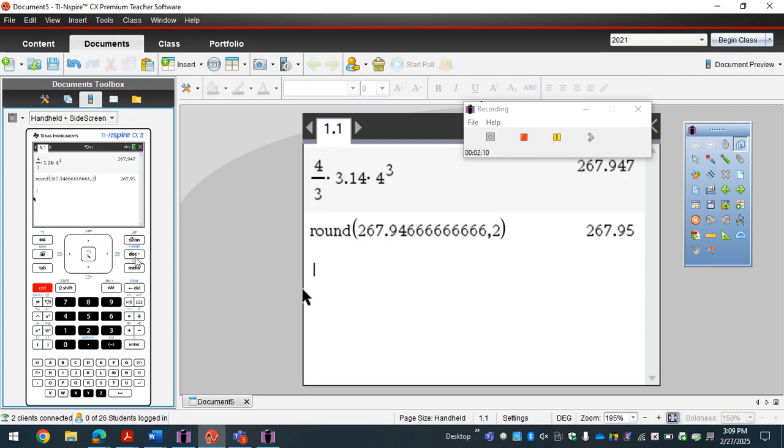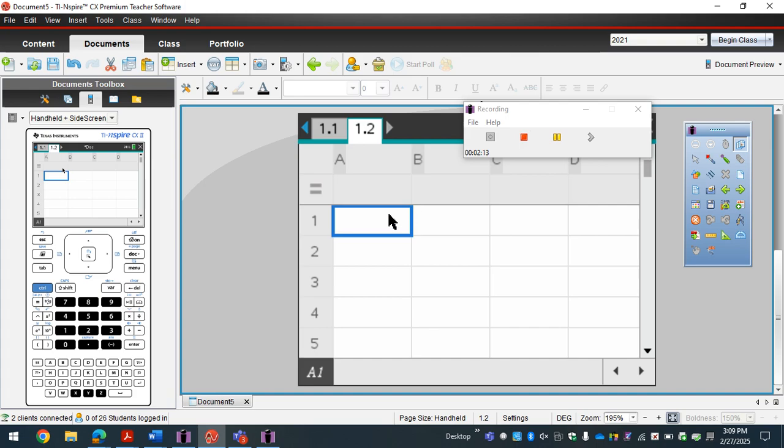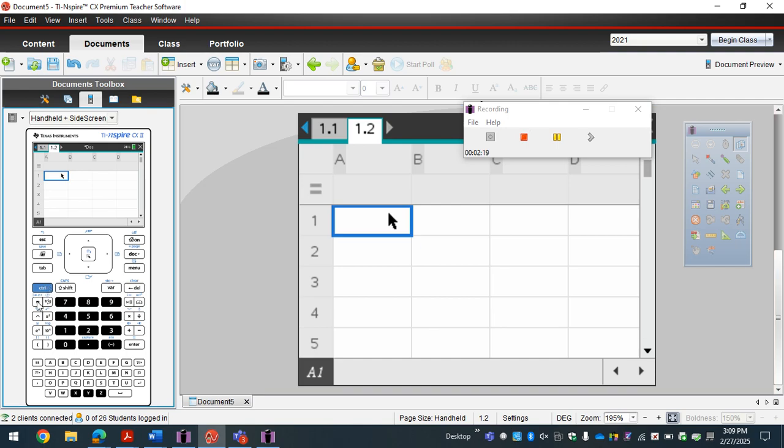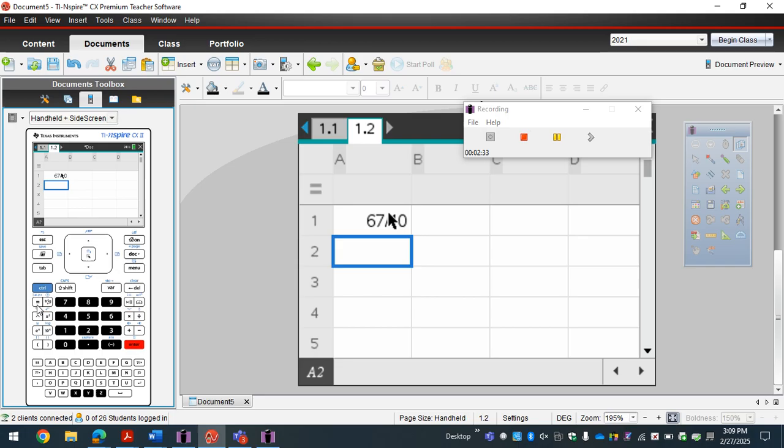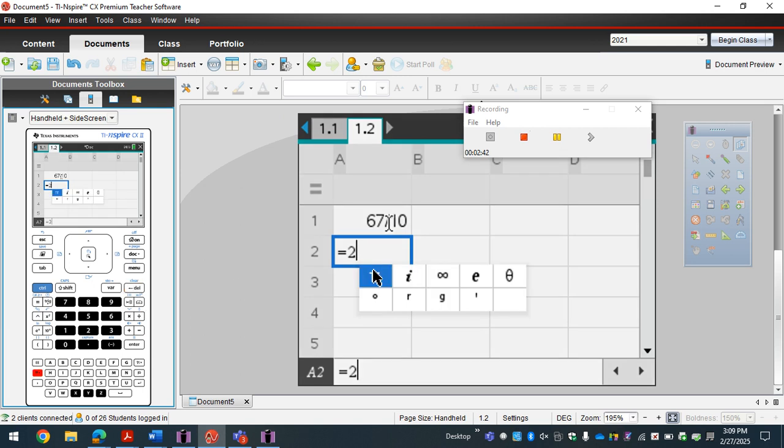So I'm going to open that list in spreadsheets. And I'm going to put all the numbers in there, doing the equals, control division. The first number is 67 over 10. Leave it there, enter, and then equals 2 pi.